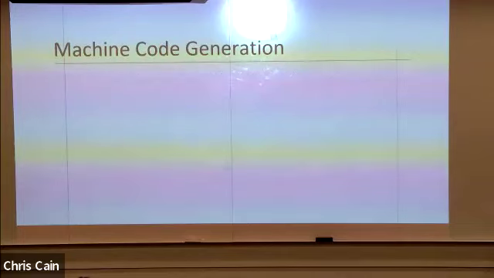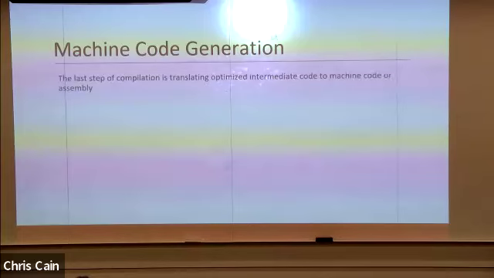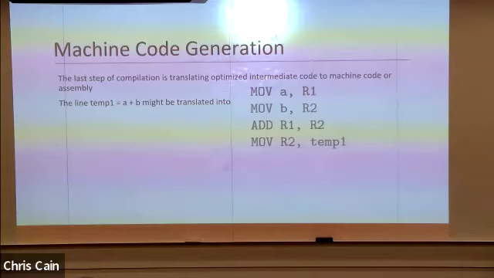From here, we can go straight into machine code generation because now we've mapped it very well onto the form of assembly instructions or machine code instructions. So now we can just translate that optimized code into machine code. So temp1 equals a plus b has a direct switch into assembly instructions.